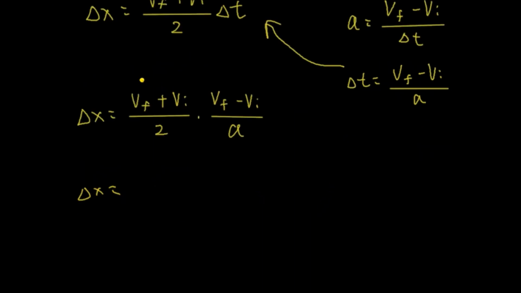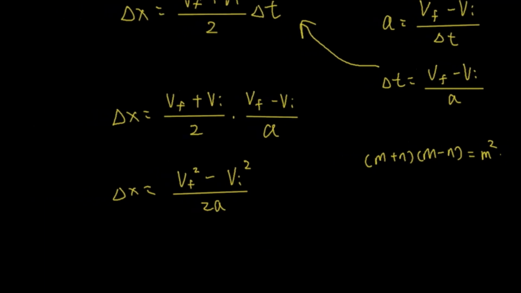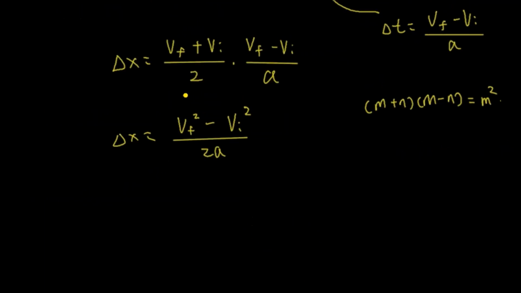We know that when you have m plus n times m minus n, we get m squared minus n squared. So in this case, we get v final square minus v initial square over 2a, because the denominator is 2 times a.